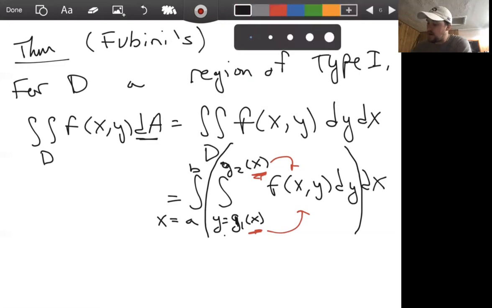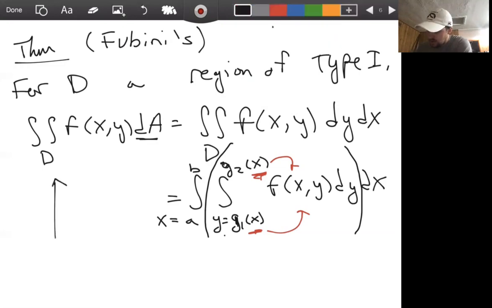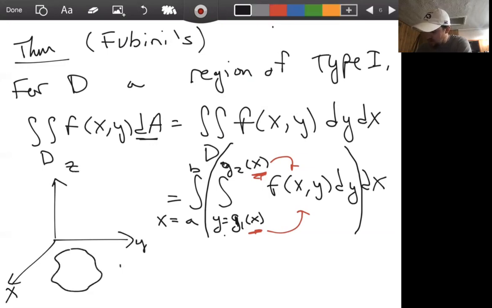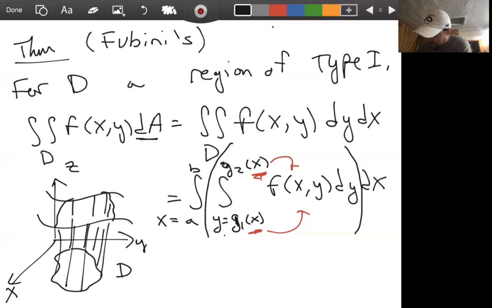That number is giving you volume. What is this doing? These integrals are giving us volume. We have x, y, z here, and some region D. Over this region D, we have our surface, something like this. And we're looking at the volume that's bounded above the region D and below the surface.